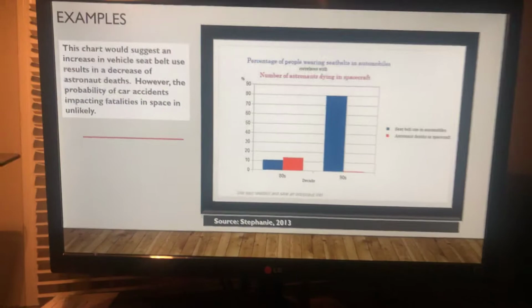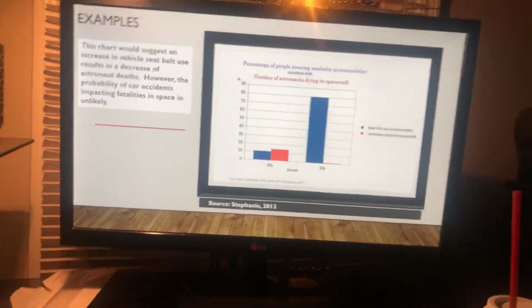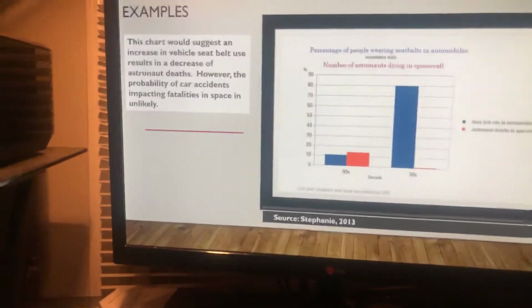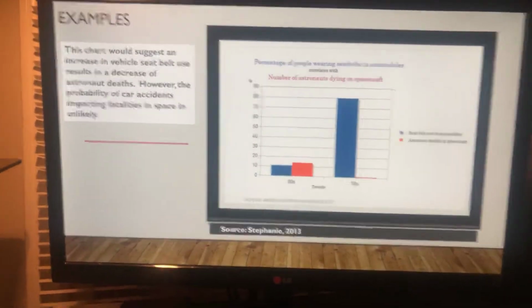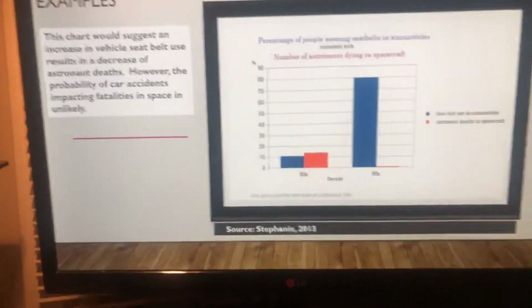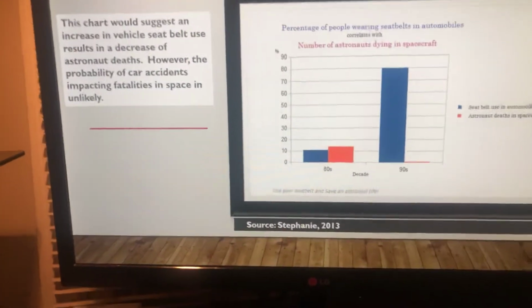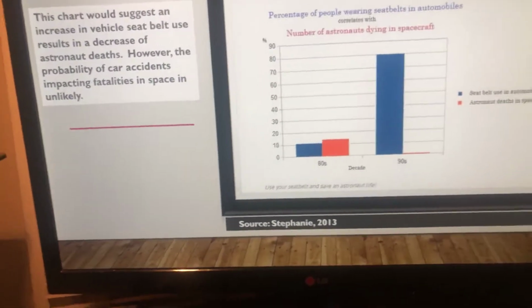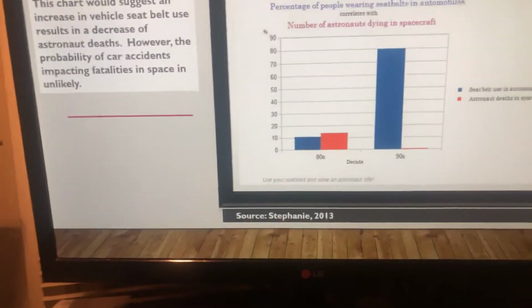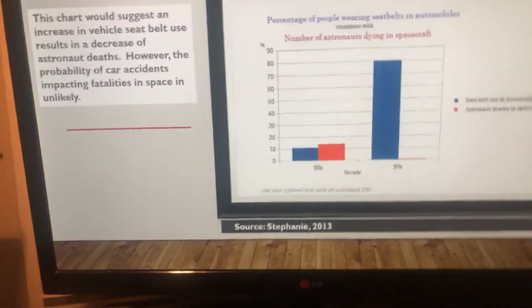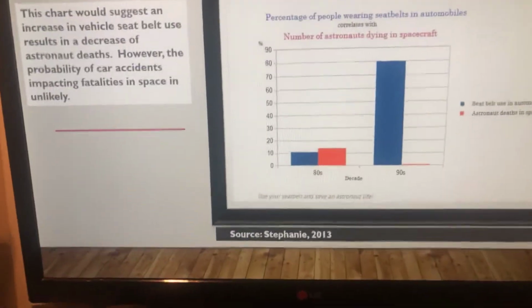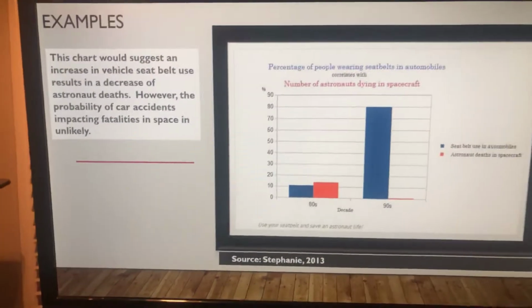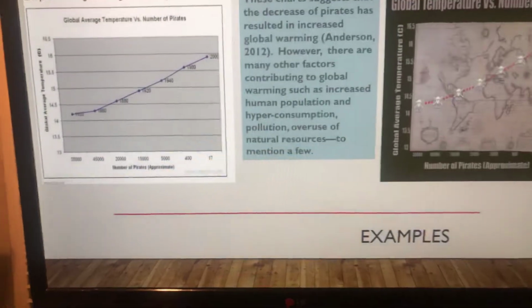However, the probability of car incidents actually impacting fatalities in space is highly unlikely. So it's one of these scenarios where if you look at the data, you may infer that, oh, one is increasing while the other one's decreasing, so it must be causing this. But in actuality, it's completely related to outside or intervening factors.